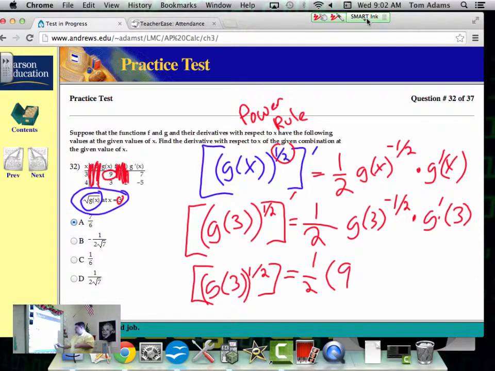So I'm going to say 9 raised to the negative 1/2 times g prime of 3, which is 7, times 7.